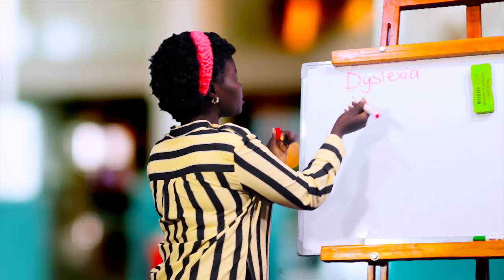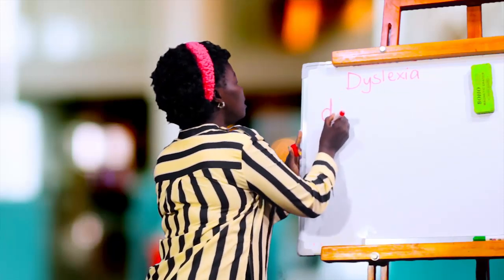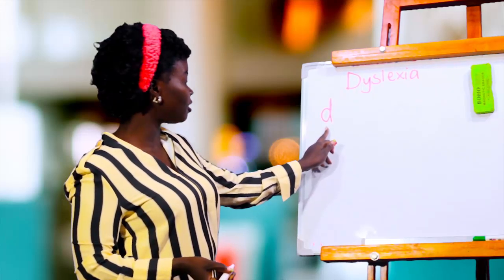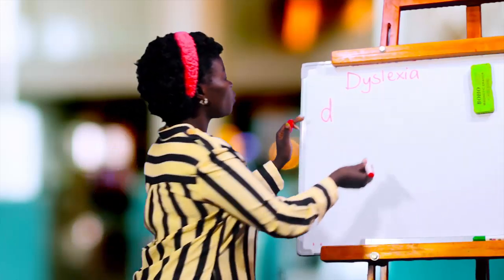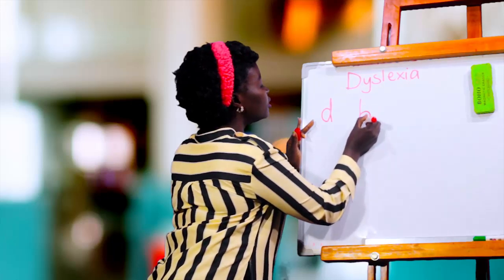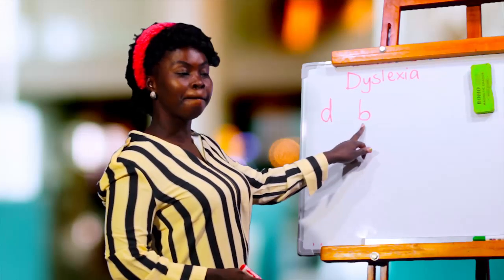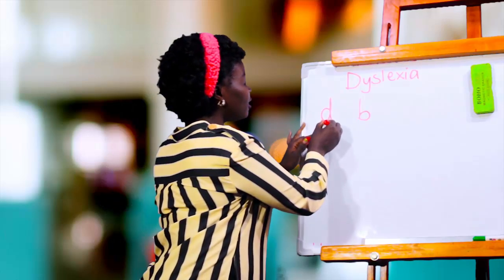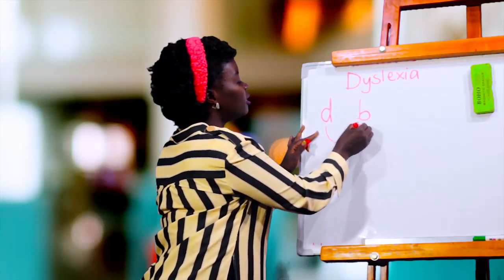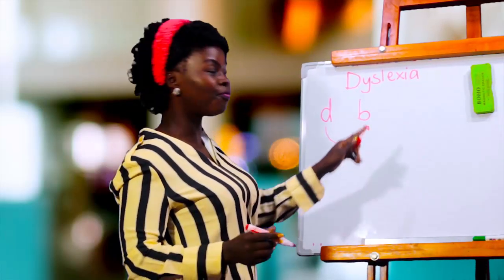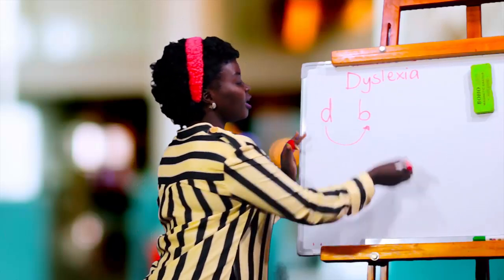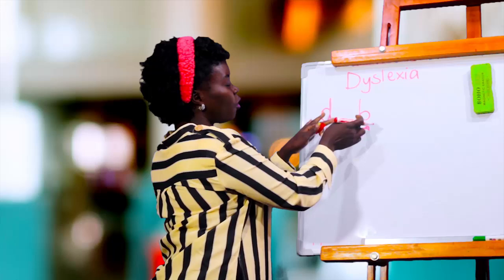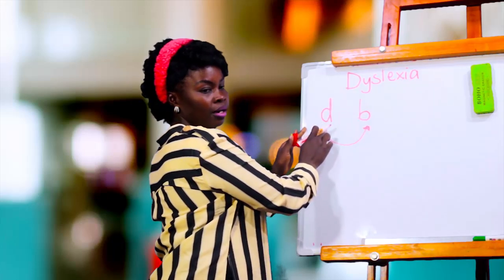So we have the sound D for letter D, and we have another sound here, B for letter B. A child can easily change this, can reverse. When writing, a child will write D for B, or even B for D.